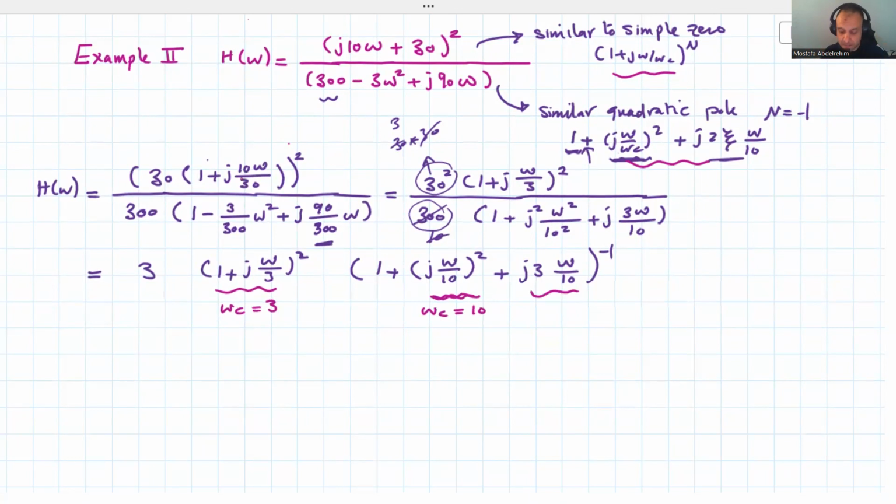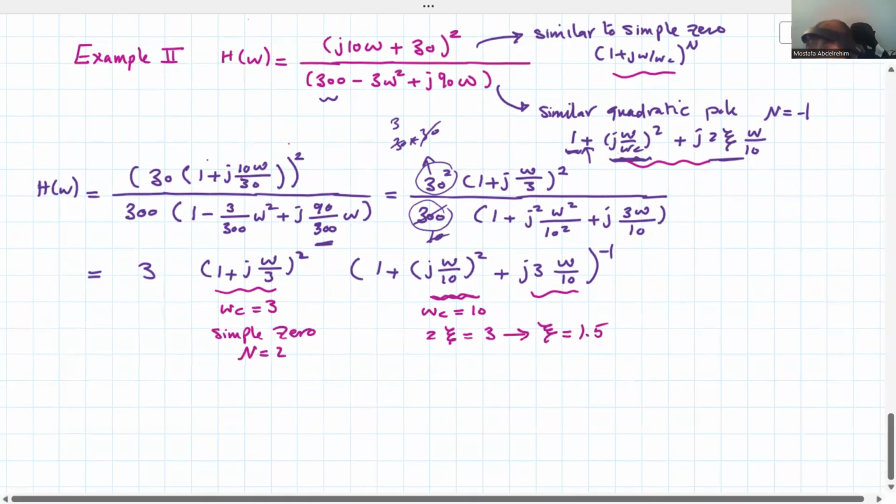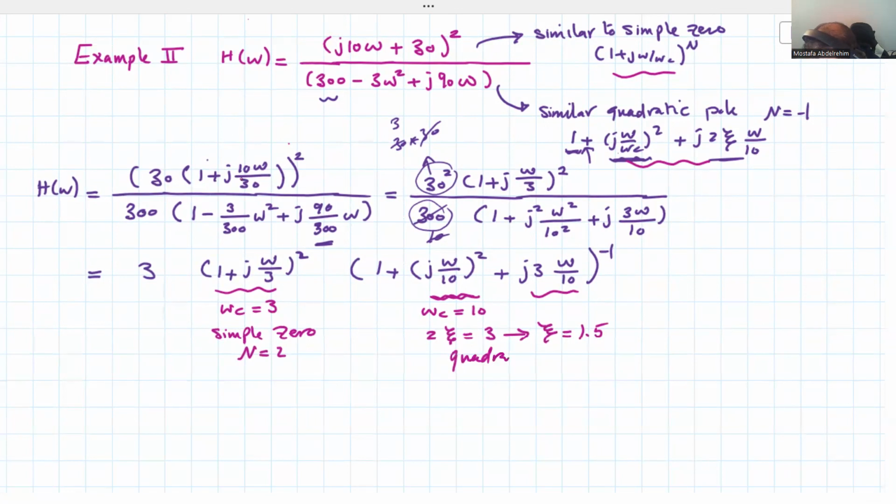And 2 zeta equal to 3, and from that zeta is equal to 1.5. Okay, good. That's a simple zero with n equal to 2. That's a quadratic Bode, and n is equal to -1. And that's basically a constant.